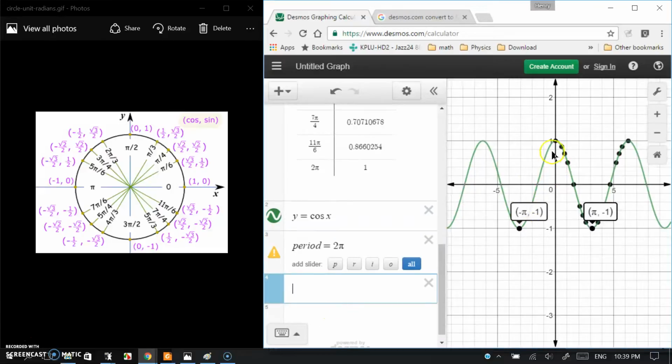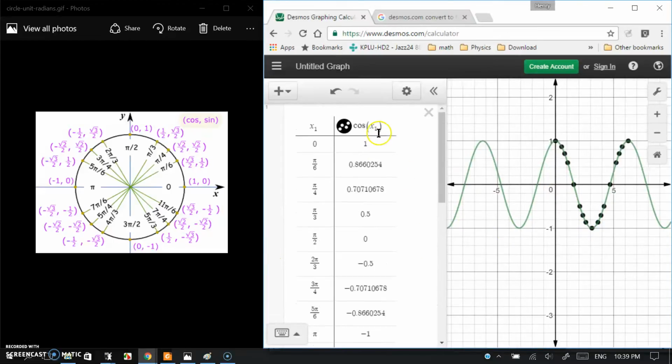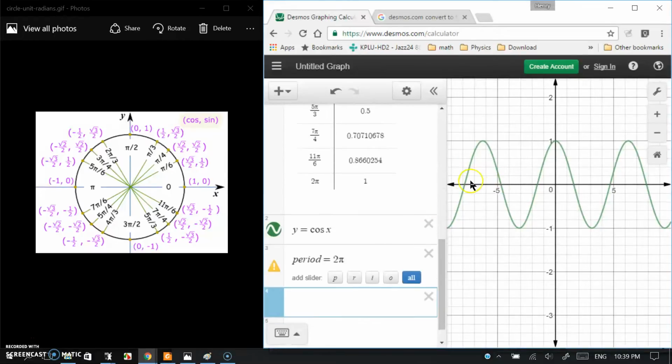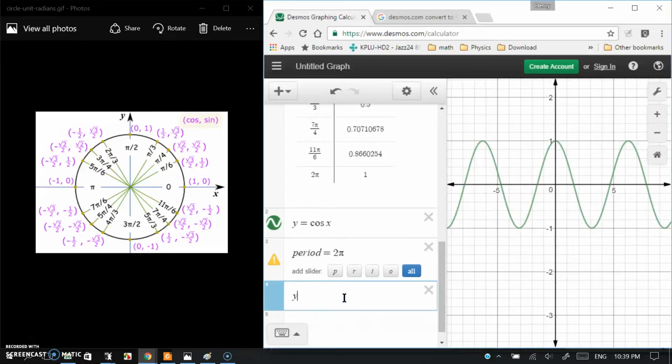What about amplitude? Where's my amplitude? But before we talk about amplitude, we need to know where the principal axis is. So where's my principal axis? I hope your answer is the x-axis, right? I have this horizontal line lying right in the middle of this cosine wave. So my principal axis is y equals 0, right?